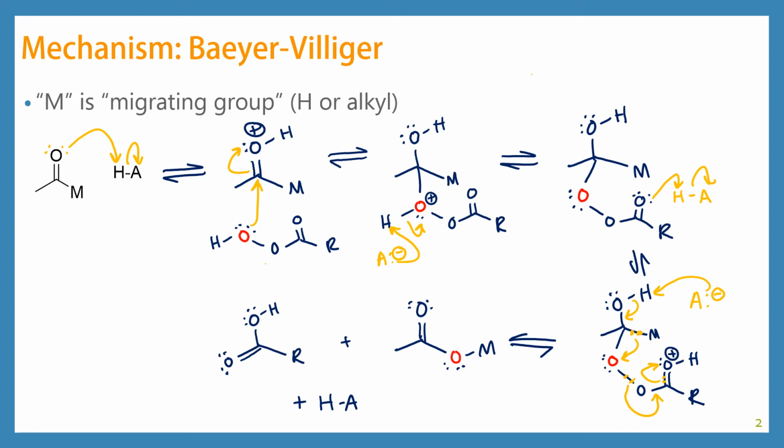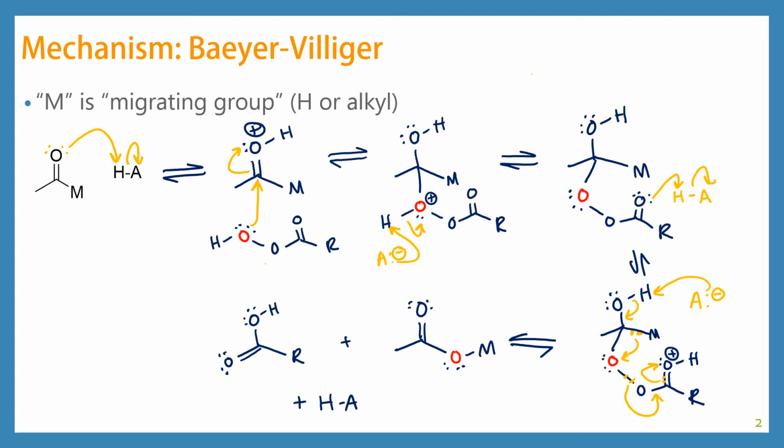Now, taking a look at this pretty crazy mechanistic step here, we can look at some bond strengths in order to understand what happened here. So having two oxygens directly attached to one carbon is not usually a stable situation. So that's going to encourage the breaking of the bond between the carbonyl carbon and the oxygen.